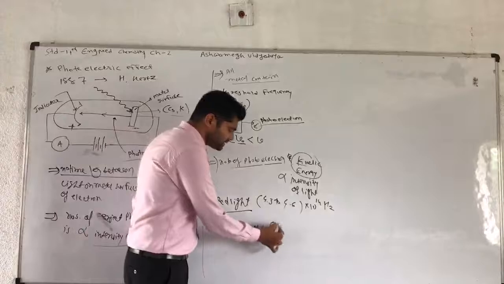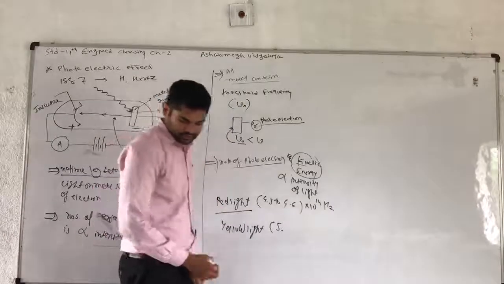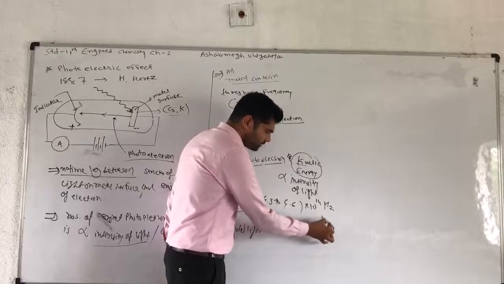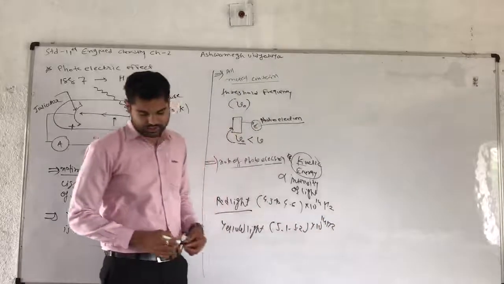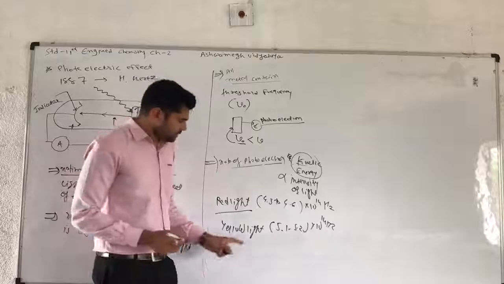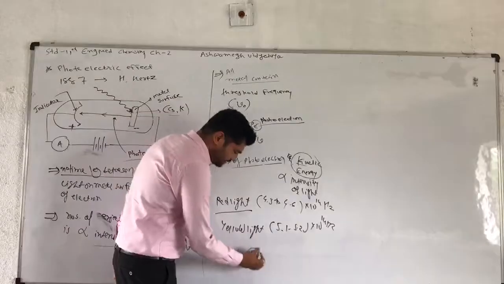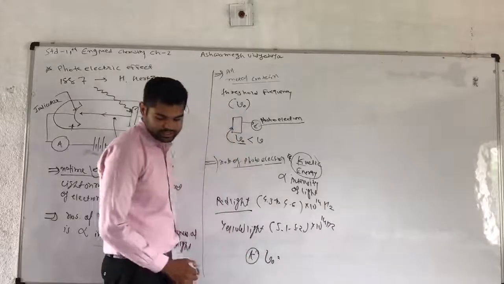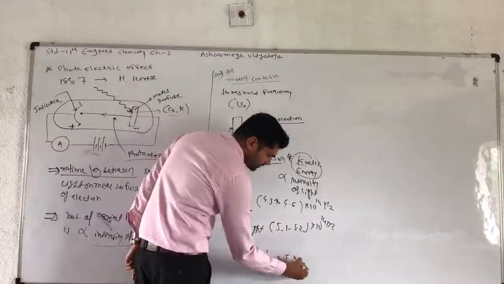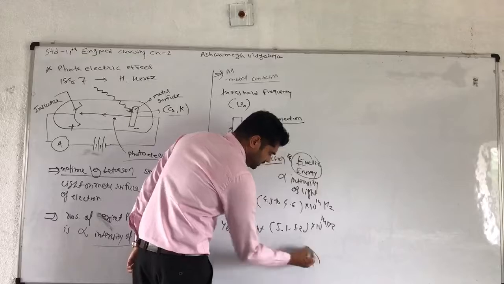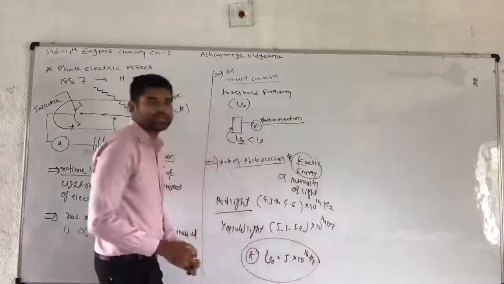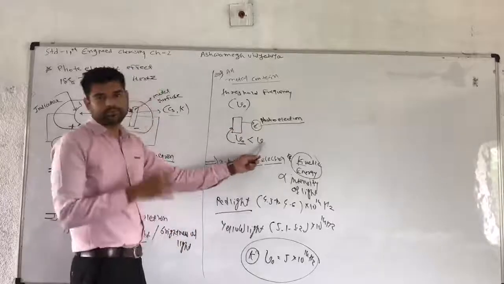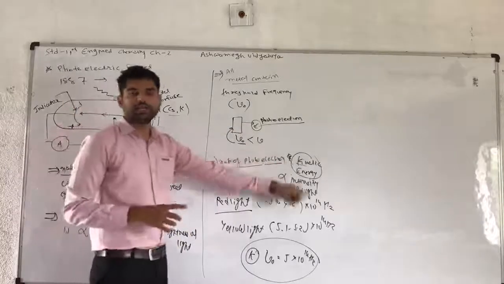Its frequency is more than 5.1 to 5.2 into 10 raised to 14 hertz, more than the threshold frequency of potassium metal, which is about 5 into 10 raised to 14 hertz. So when light above the threshold frequency is applied on a metal surface, we observe the photoelectric effect.